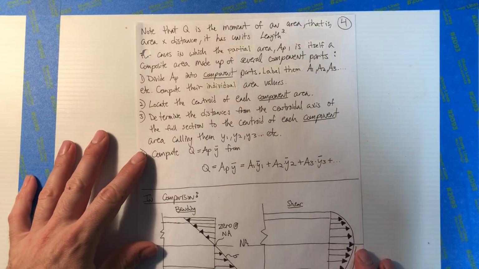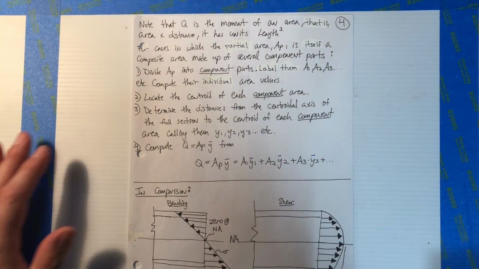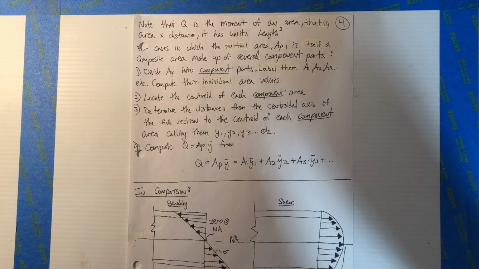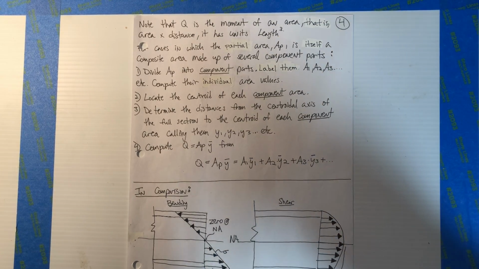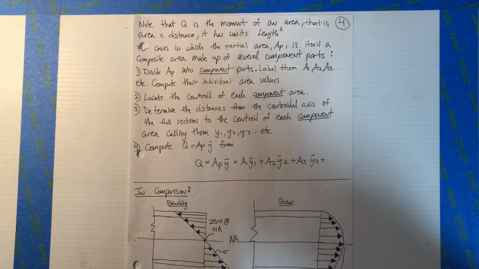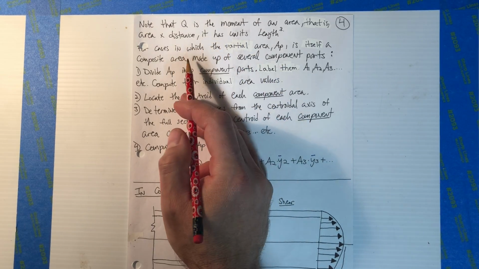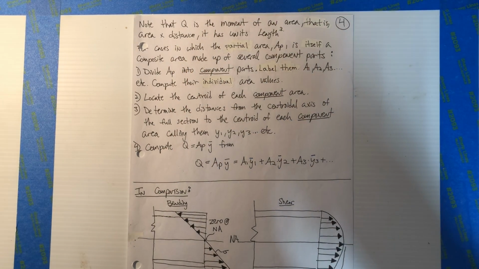Last page of the background theory. Q has units in terms of length to the third, either inches cubed, meters cubed, millimeters cubed, what have you. And obviously we saw in the last little visual that sometimes the area A_P can be made of several different composite areas.